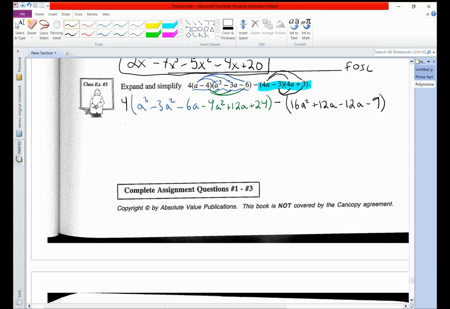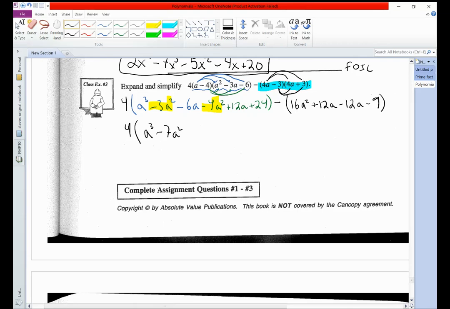So I'm going to leave that 4 here. And then I'm going to look into the first set of brackets here. I have an a cubed term, and there's no other a cubed terms. I have negative 3a squared and a negative 4a squared. So that can simplify to negative 7a squared.